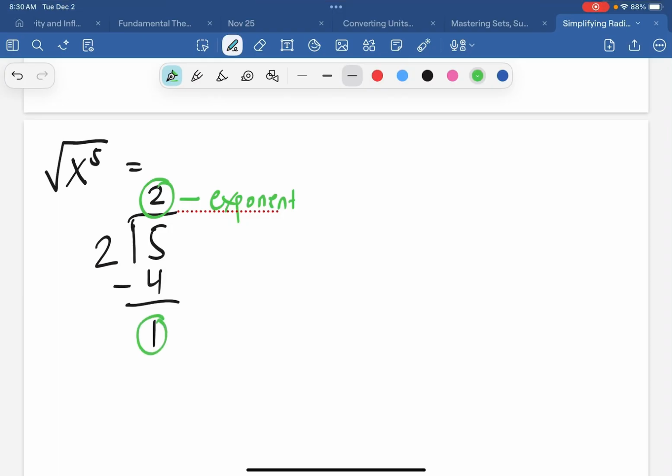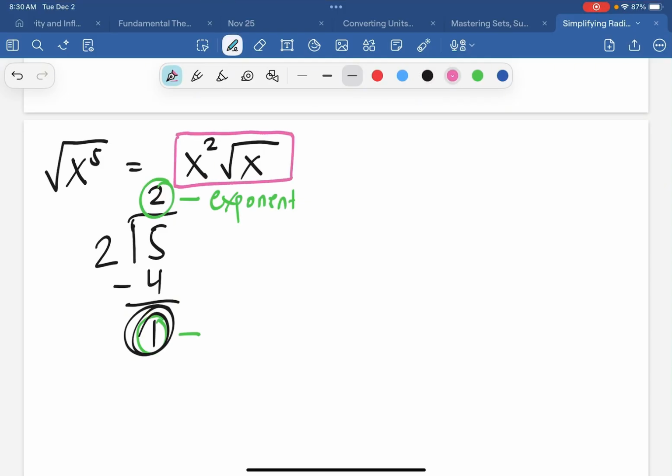And this remainder would serve as the exponent of the remaining variable inside the radical. So we have here 2 for the exponent, the quotient of this. So you get x squared, then the square root of x because of this. And this is your answer.